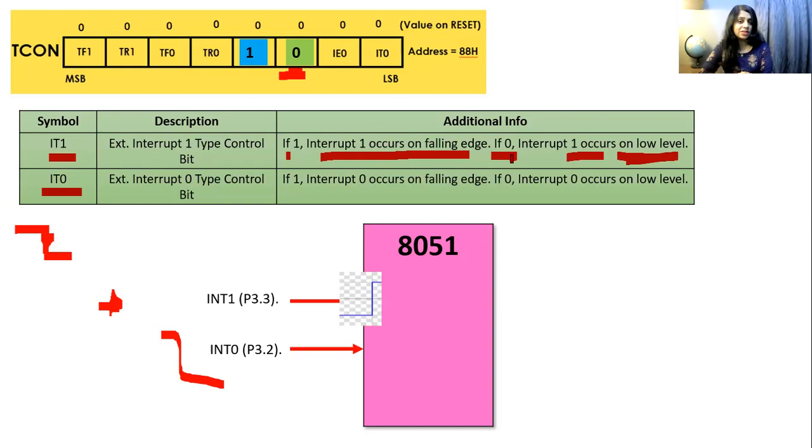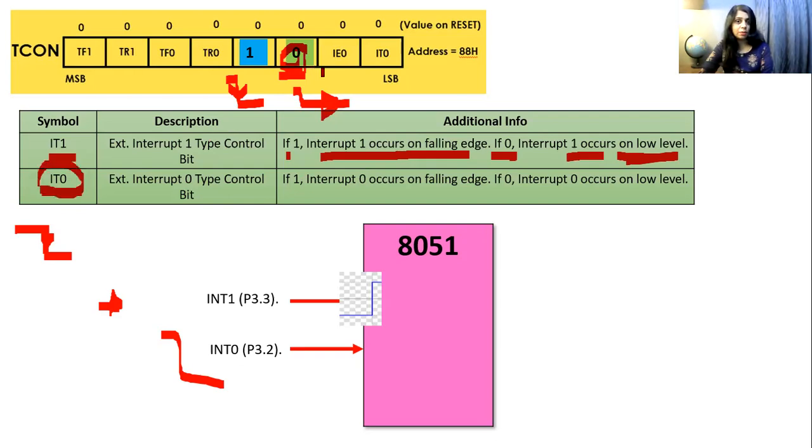So what is the difference? In the previous case, if this bit is 1, then the interrupt occurs at this falling edge, and if this is 0, then the interrupt occurs during this low level. So that is the thing. Similarly, everything goes for IT0.